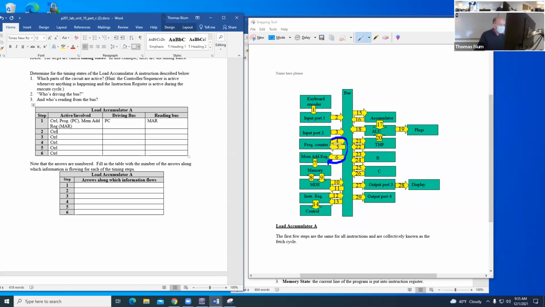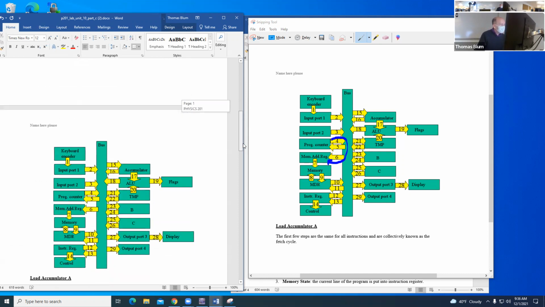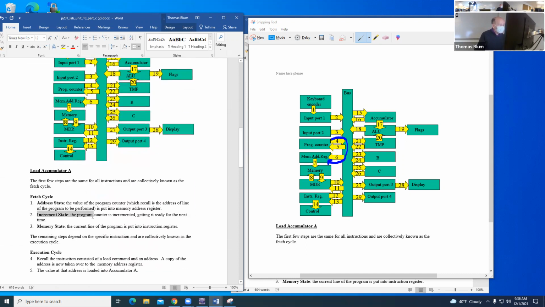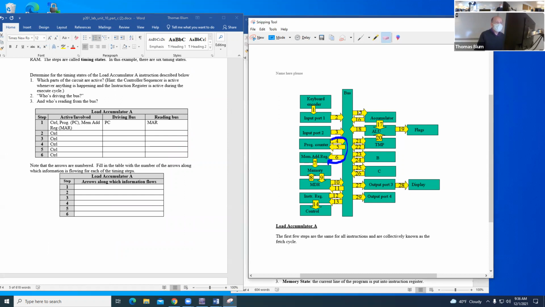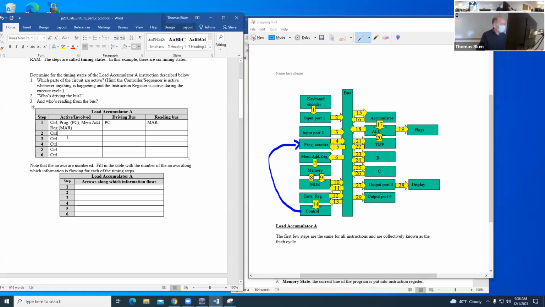Step 2 says the increment state. The program counter is incremented. So when the program counter is incremented, there's no action on the bus. It's just control telling the program counter to increment. So who's involved is the control and program counter, and there's no action on this center sort of data bus.